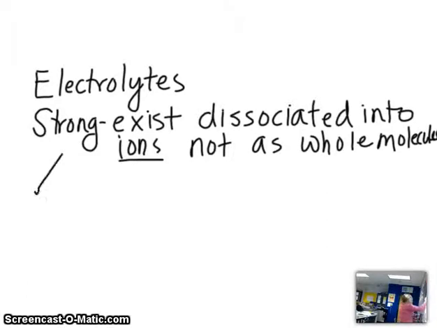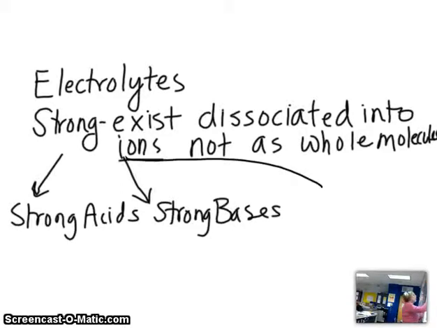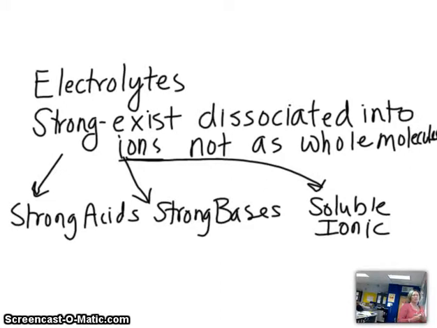And those are your strong acids, which you have to memorize, your strong 6 acids. Your strong bases, you have to memorize your strong bases. I'll show you a quick way to do that tomorrow. And your soluble ionic compounds. And of course, there's a whole set of solubility rules so that we know if something's soluble or not.